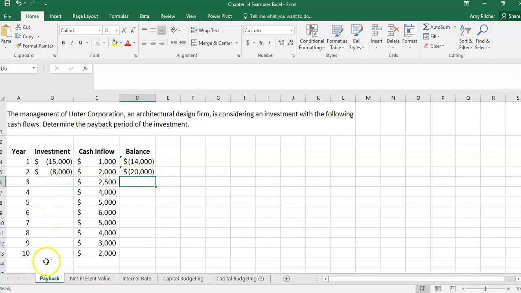We do not add any more to our investment, so now we just need to determine in what year that is paid off. So we're going to add the cash flows each year until we get to 0.